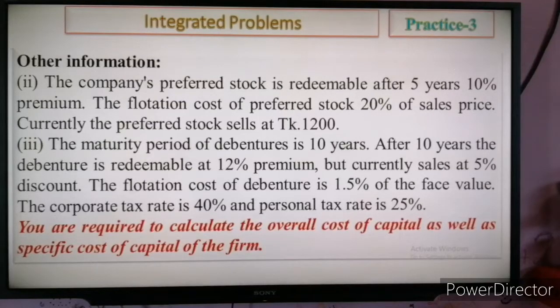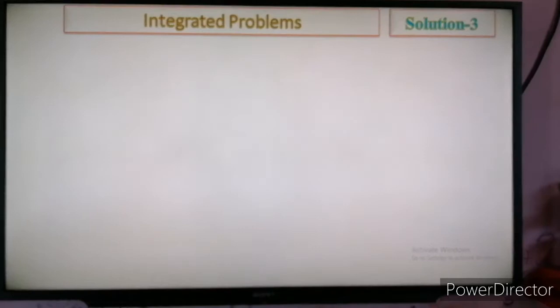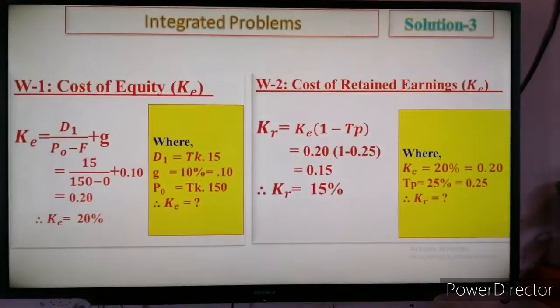After 10 years, the debenture is redeemable at 12% premium, but currently sells at 5% discount. The flotation cost of debenture is 1.5% of the face value. The corporate tax rate is 40%. It is related with the debenture because, you know, we have to adjust the tax. Let's see the formula and see how it's solved.